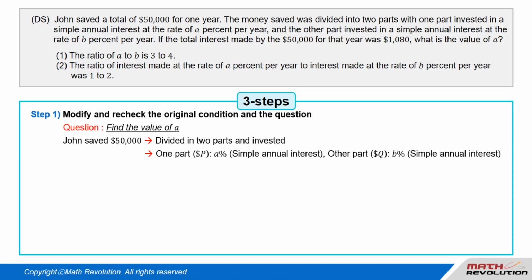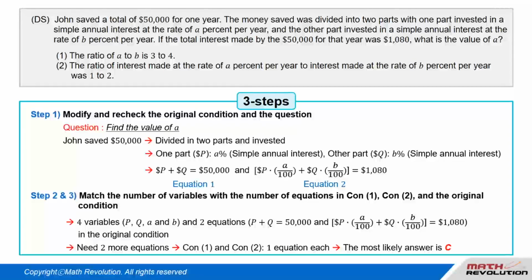Then, we get 2 equations from the original information. So, $P plus $Q equals $50,000. And so, $P times A over 100 plus $Q times B over 100 equals $1,080.